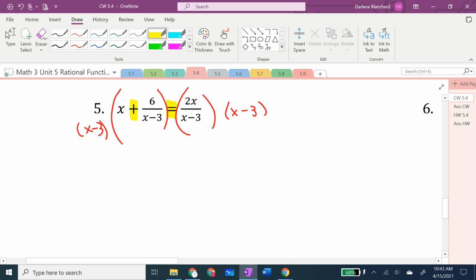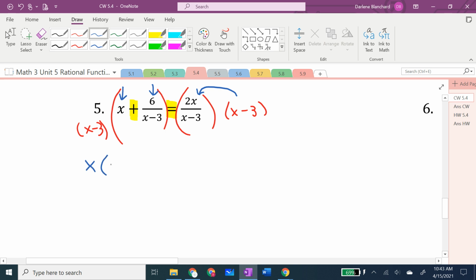The right side doesn't have 2 things. It doesn't have 2 fractions being added or subtracted. So basically, I'm distributing my multiplication of x minus 3 over this addition, and then on the other side, just multiplying it to the 1 term.